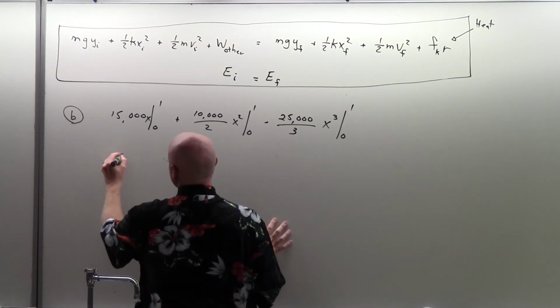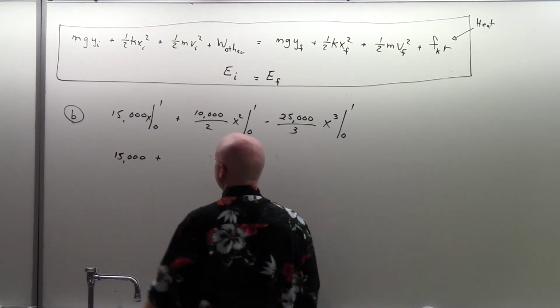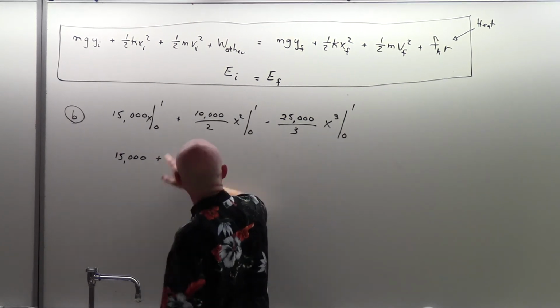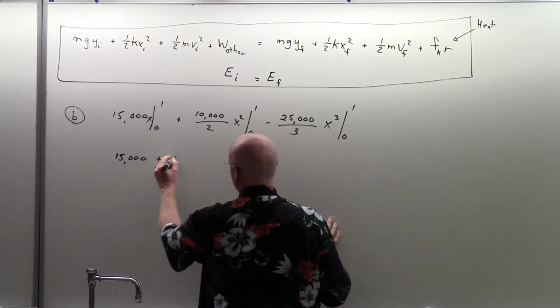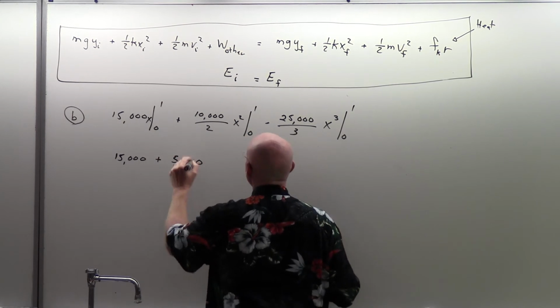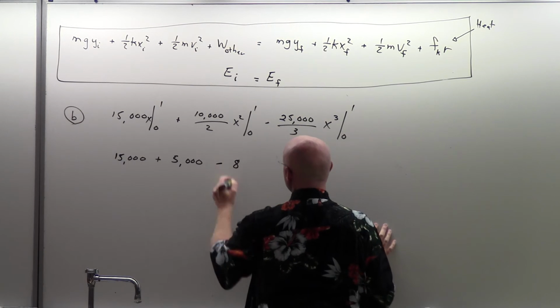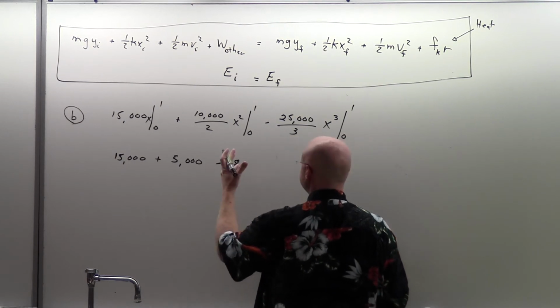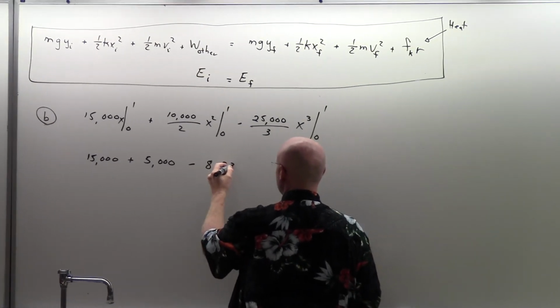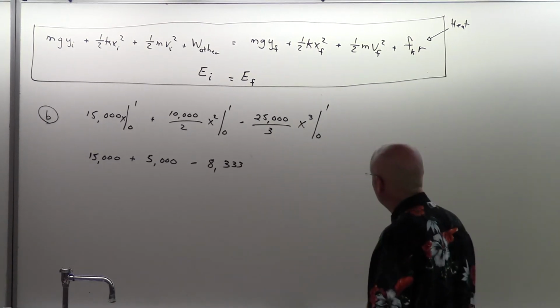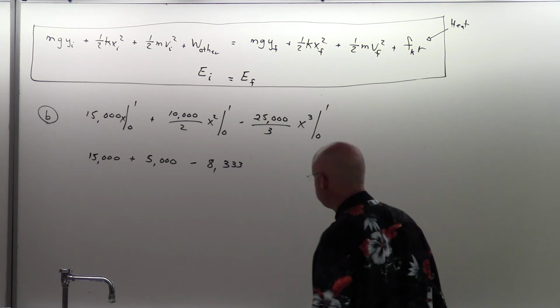And so this would just be the 5,000. I'm sorry, getting ahead of myself. 15,000. This is the 5,000, because it would be a 1 squared and that. This then would be minus the 8,333. 8 1/3, yeah.